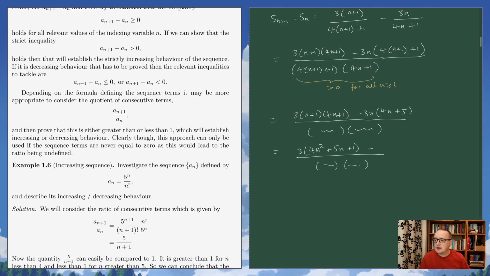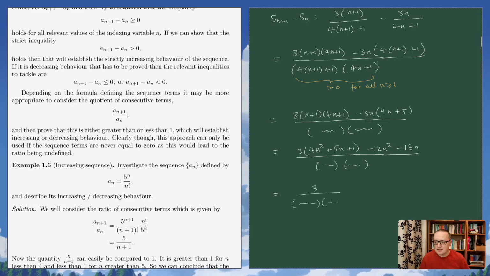And here you have minus 12n squared minus 15n. But you see, when you expand out this first bracket, you again get 12n squared plus 15n. So this 12n squared plus 15n is going to cancel with the minus 12n squared and minus 15n. So in total, you're just going to be left with 3 in the numerator.